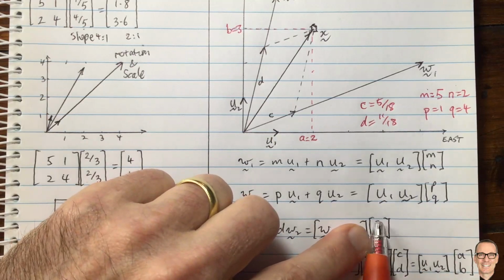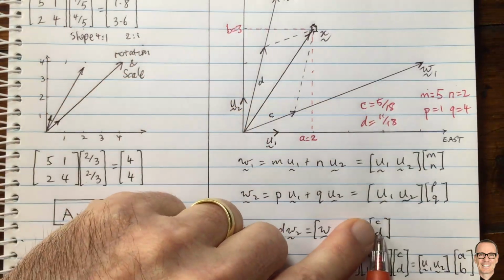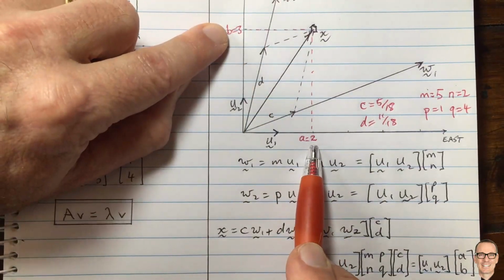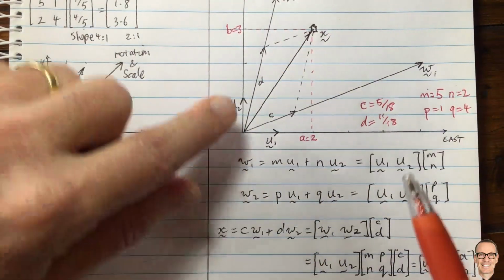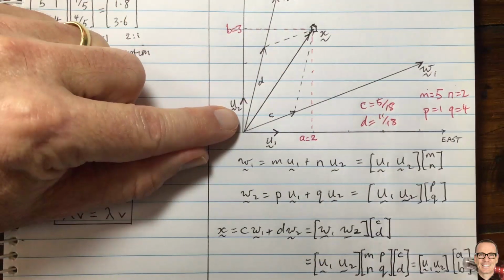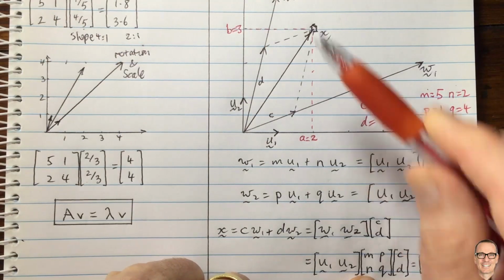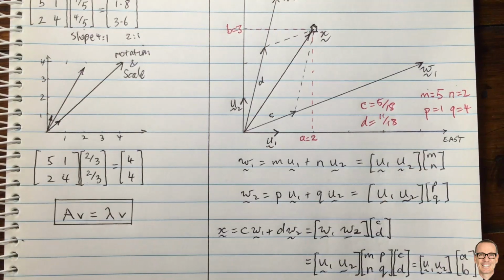So the ratio of c to d, which is 5/18 to 11/18 in this example, is not the same as the ratio of a to b, which was 2 to 3. But there will be places on this graph where the same ratio is maintained when you do this change of basis. And that is where the eigenvector is. So let's look at that example and see where that is.